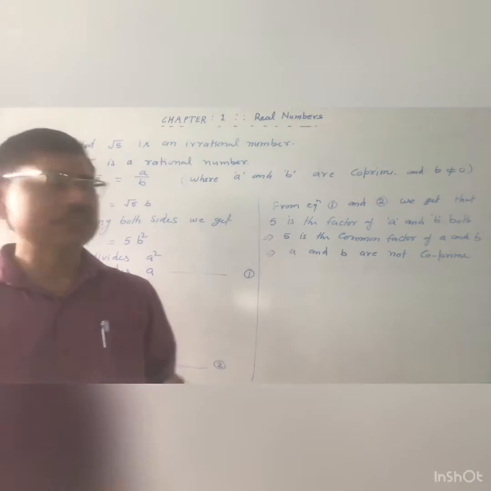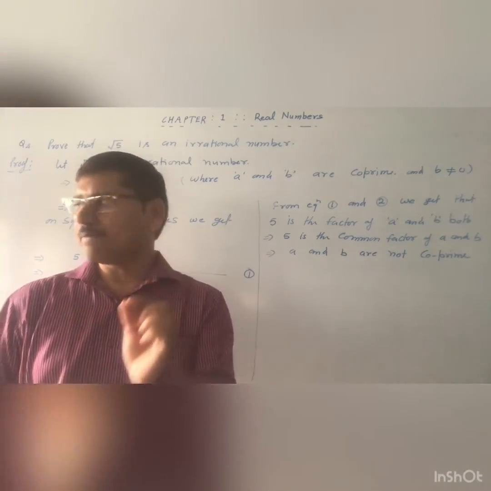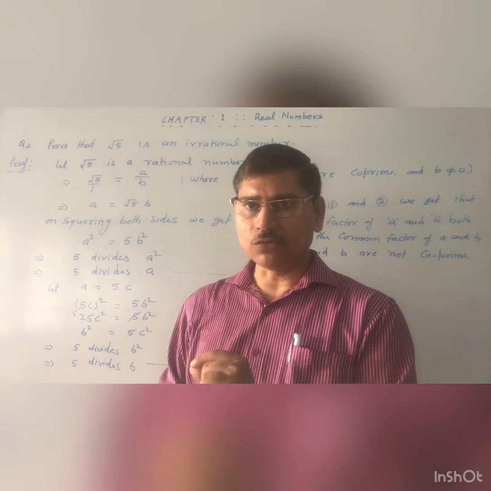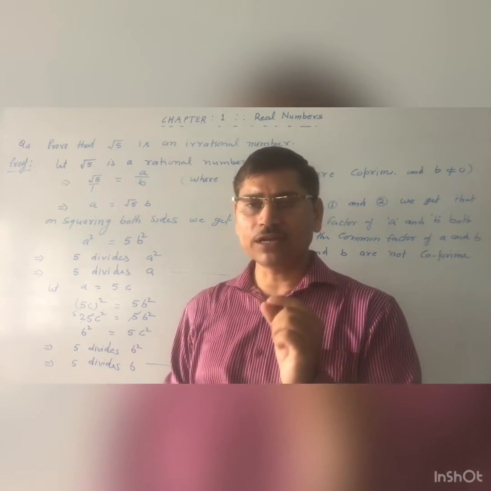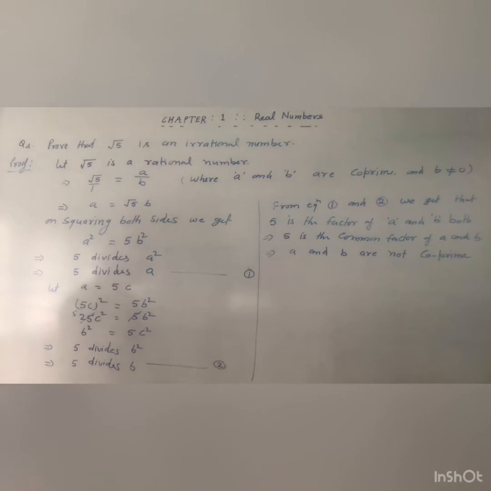Co-prime means, इसका ये फैक्टर मिल गया है, फैक्टर मिल गया, इसका मतलब ये नंबर आपका को-प्राइम नहीं हुआ। तो फिर अगर ये को-प्राइम नहीं है तो फिर क्या हो जाएगा?